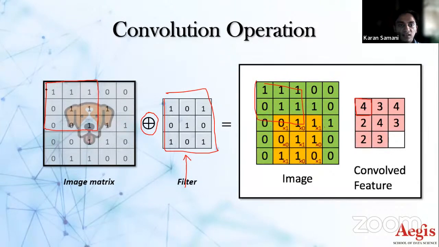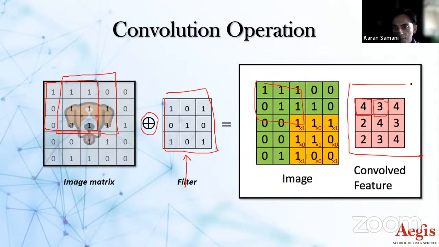One stride means one step. This is the first step I took. Now I'll take the next step. It is this one. I'll convolve this filter over this step and then I'll get the value 3, and I'll go on and on till I get this particular feature map.